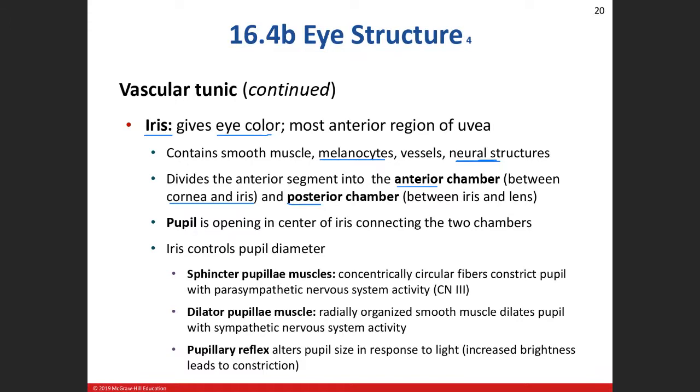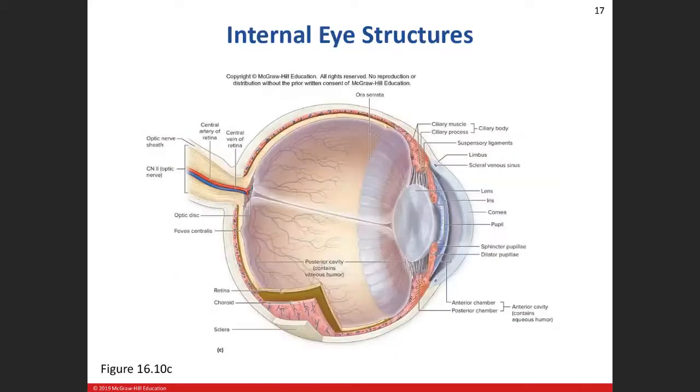So, go back to this one here. Here's your cornea, and we go from the cornea back to the iris here. That's this space right here, the anterior chamber.